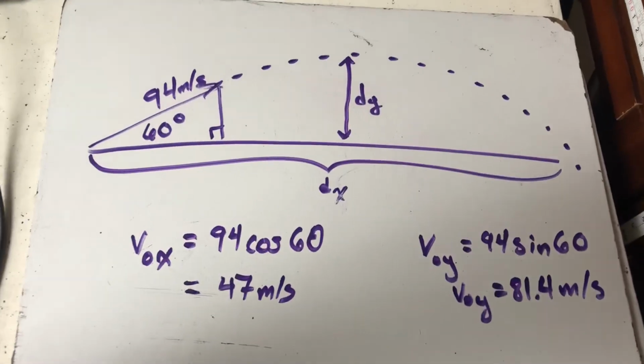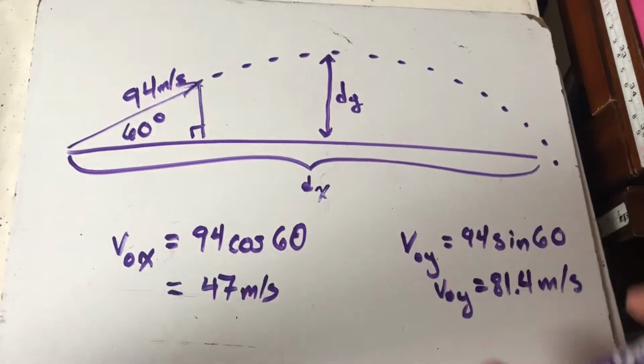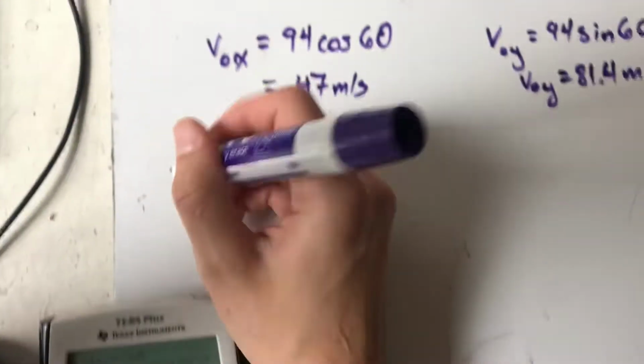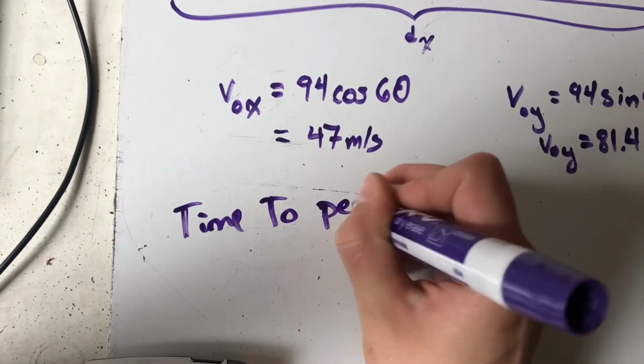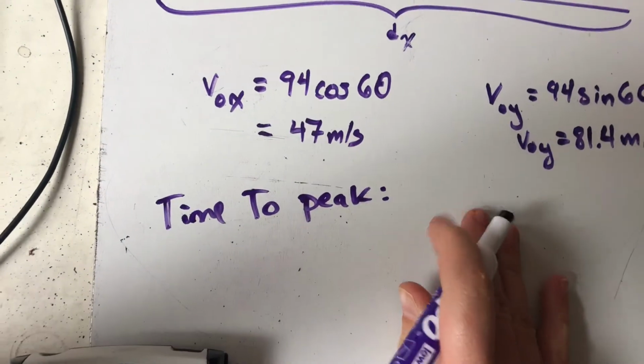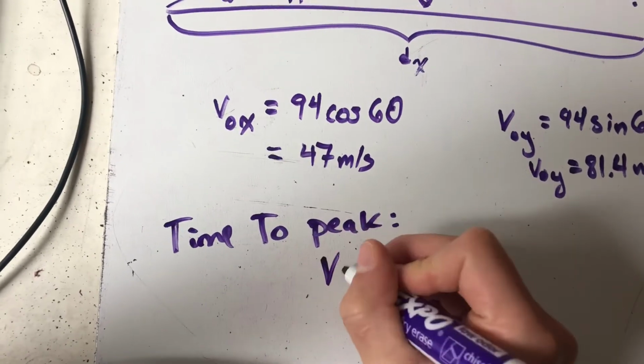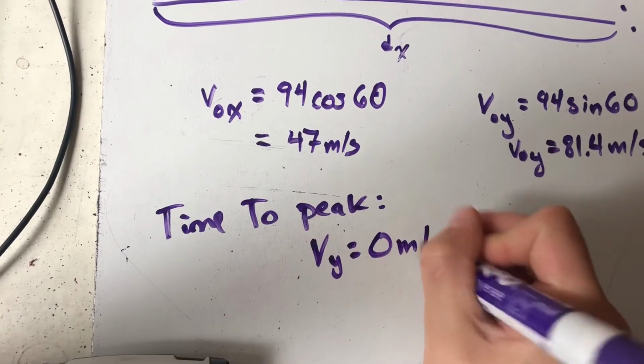Once you find your components, you can start to play around. So let's start by finding the time to the top. I know that at the peak, my final y velocity is going to be 0 meters per second.